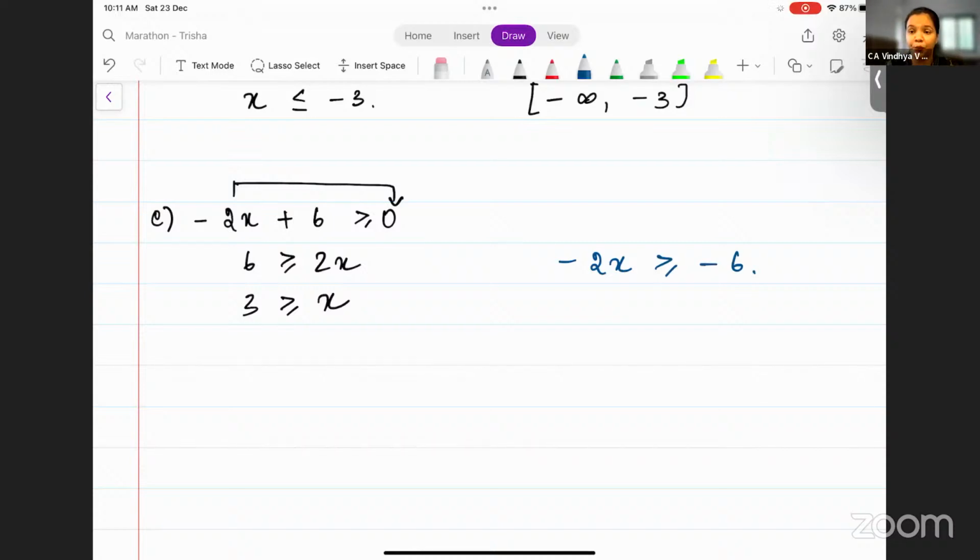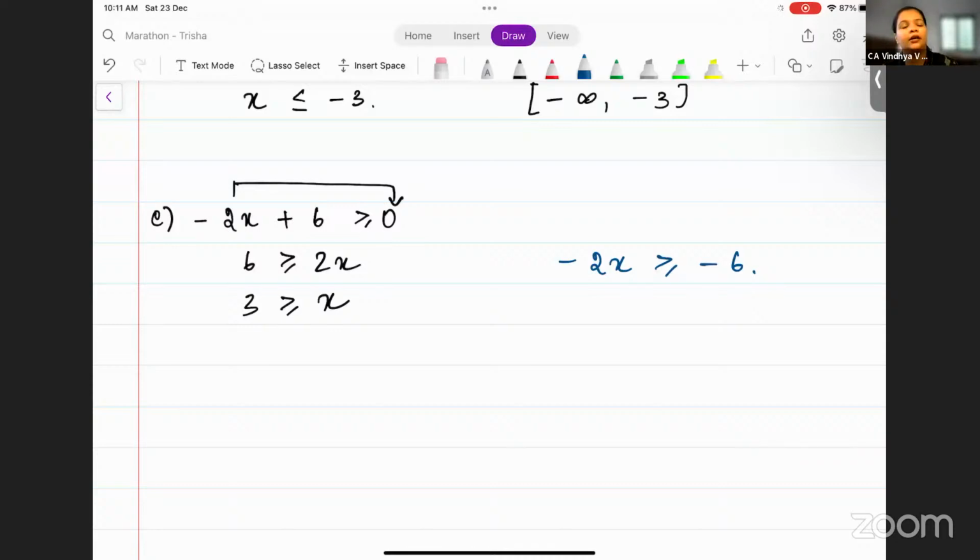Now, one important aspect to understand here is if left hand side and right hand side are equal to each other, that is equality, then you can cancel the minus signs as it is. But since here it is an inequality, you cannot cancel the minus signs like you would do under an equation.